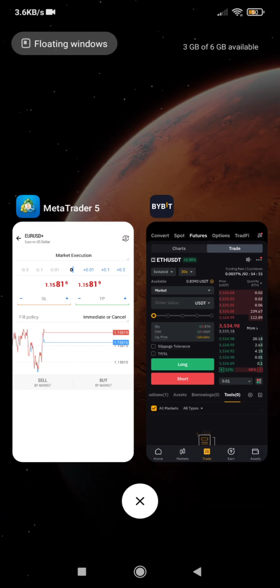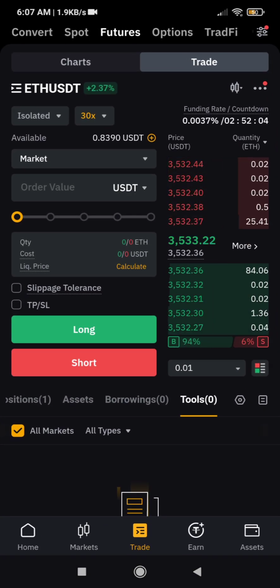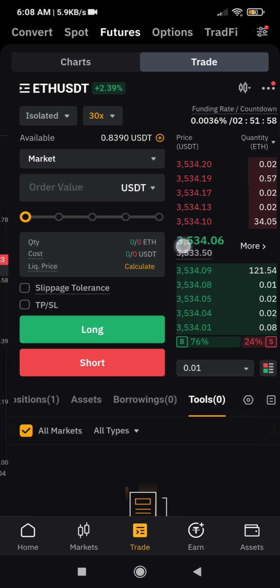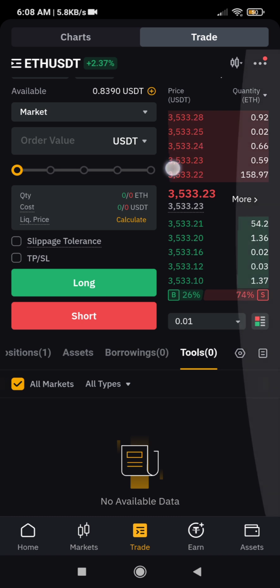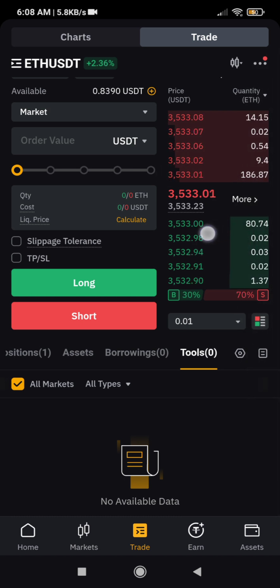It is better explained using the crypto platform. So here we are. For the crypto platform, this is the current market price of this asset, Ethereum versus USDT. And you can see there are other people that want to sell. They are the ones you are seeing reddish here. And there are those that want to buy.